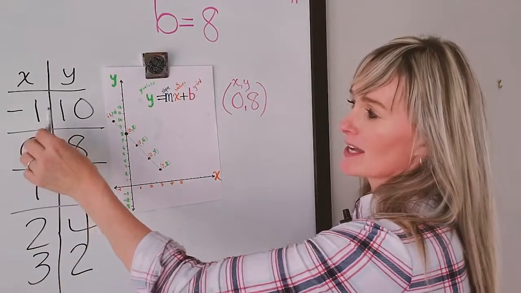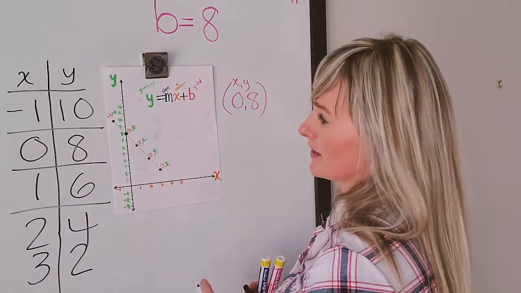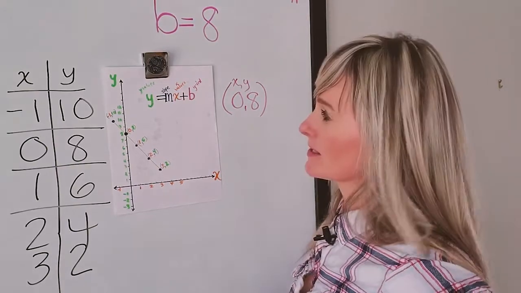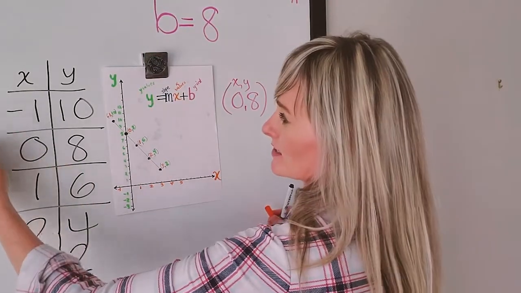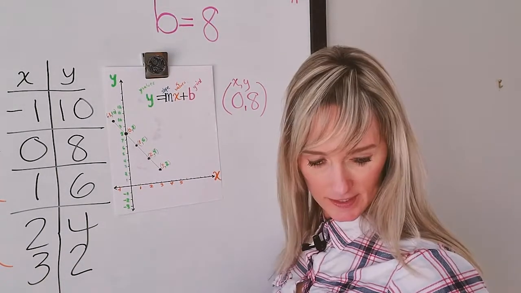Our ordered pairs tell us where each point is on the graph. Now we need to find our slope. Slope, we will remember, is when you have your x values and your y values, and you find the difference.